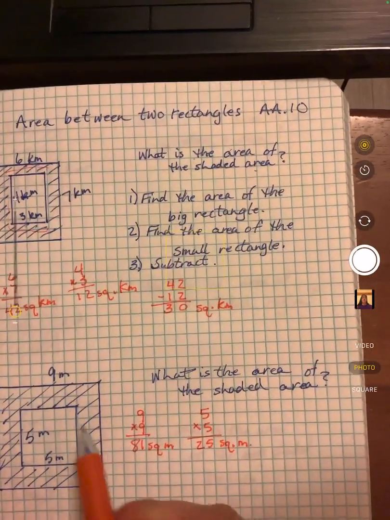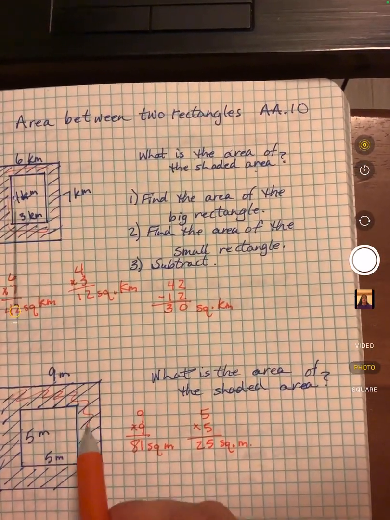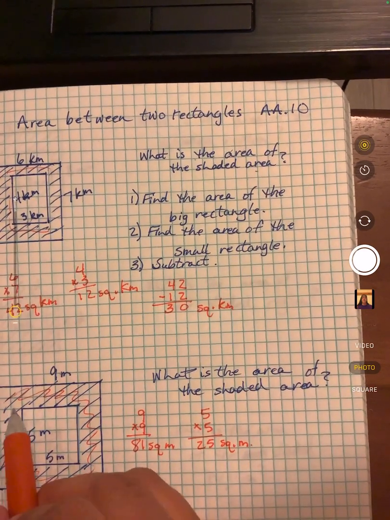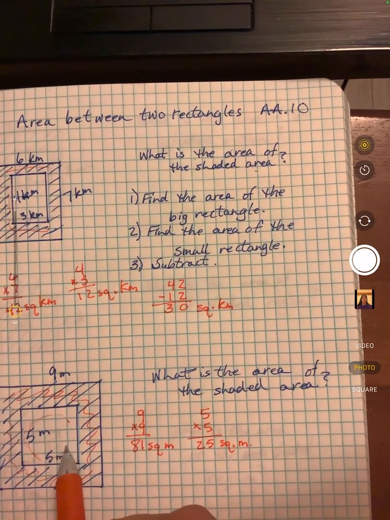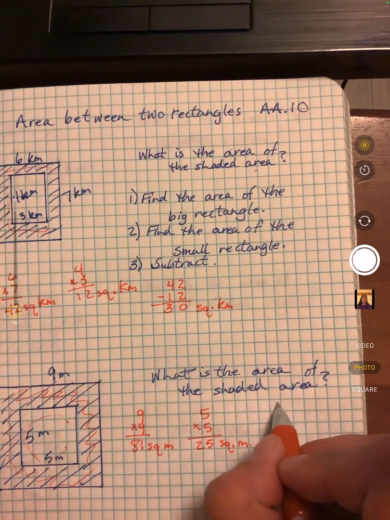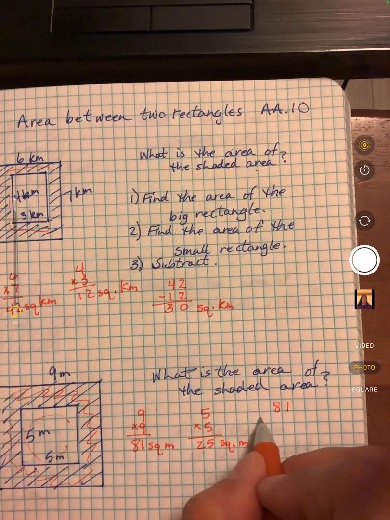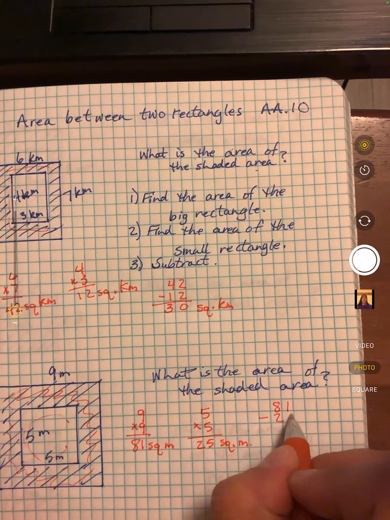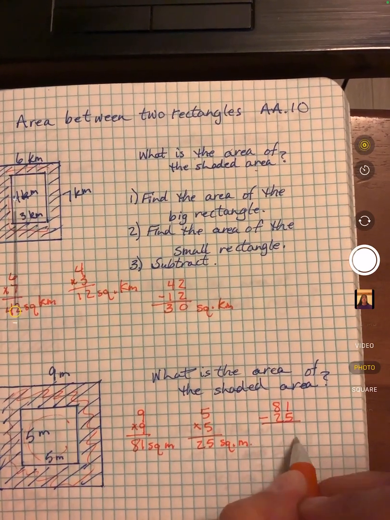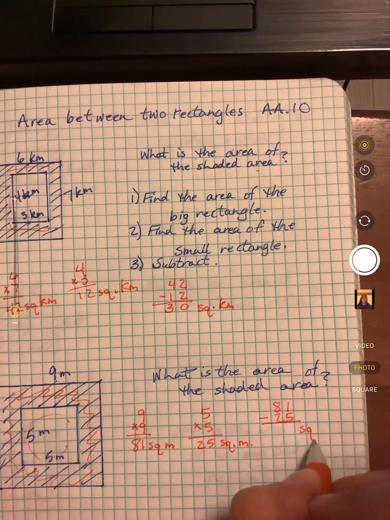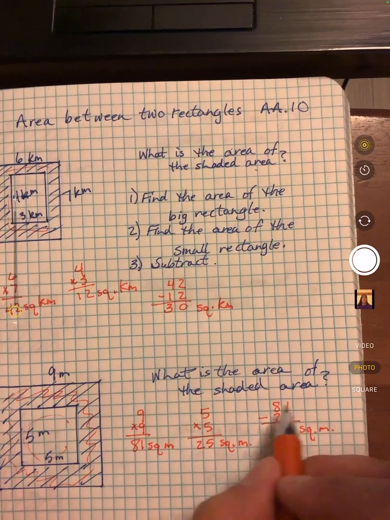So now, in order to find out just this part, I have to subtract what that is. So 81 minus 25 equals something square meters, okay?